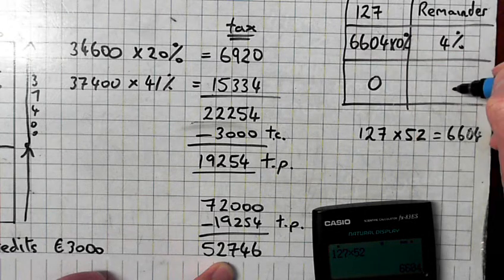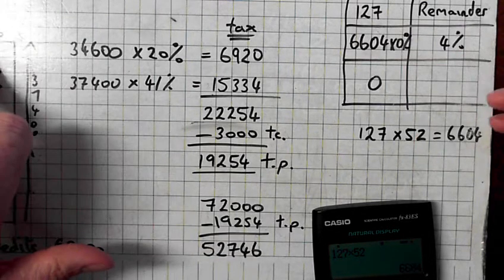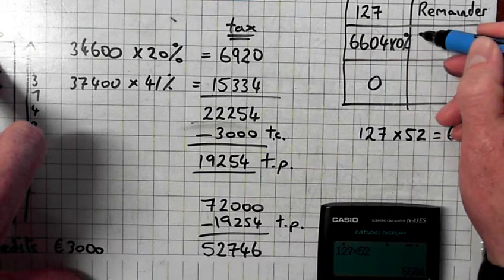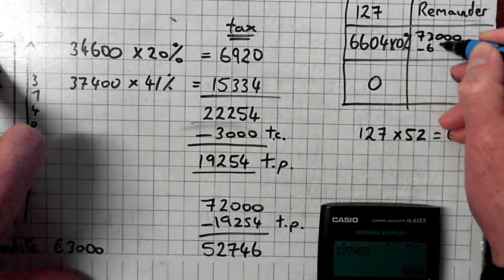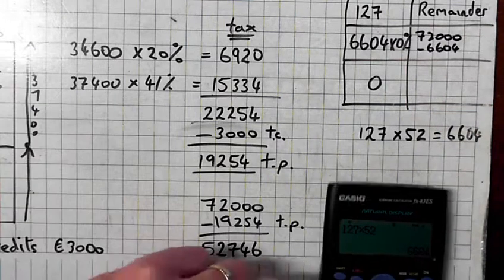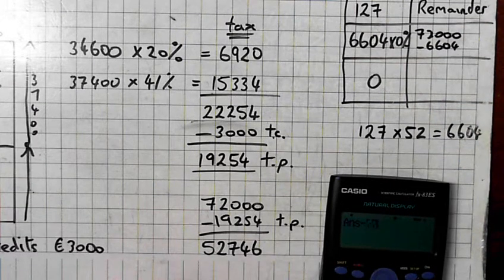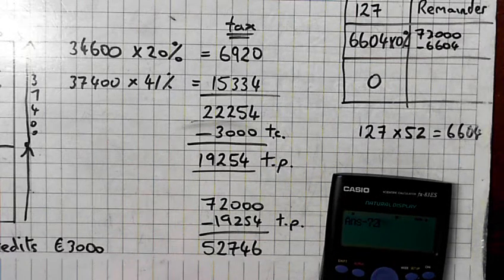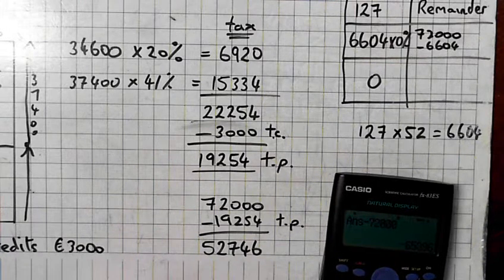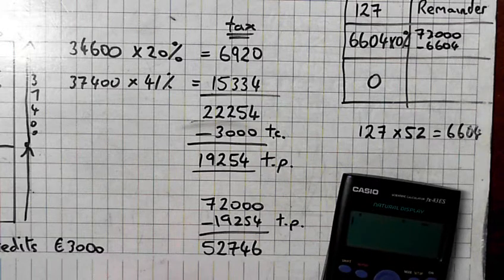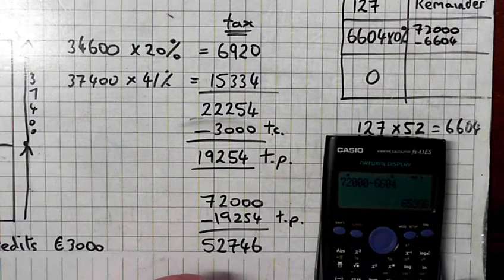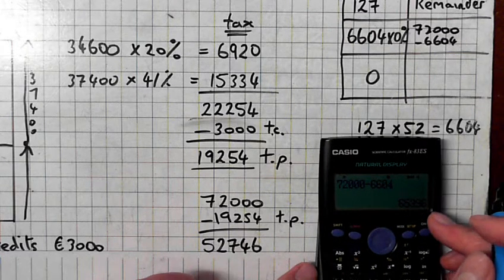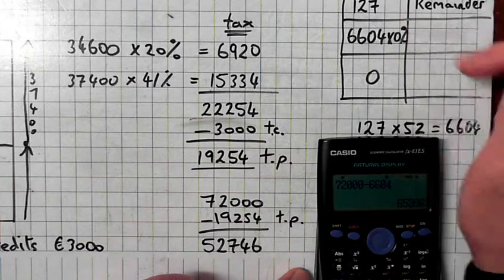And what's the remainder of the amount? The money that goes here is 72,000 minus 6,604. So you get 65,396.